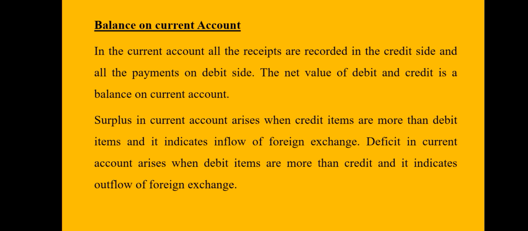Deficit in current account arises when debit items are more than credit items and it indicates outflow of foreign exchange. When there is excess of payments over receipts, it is called deficit and it shows outflow of foreign exchange.